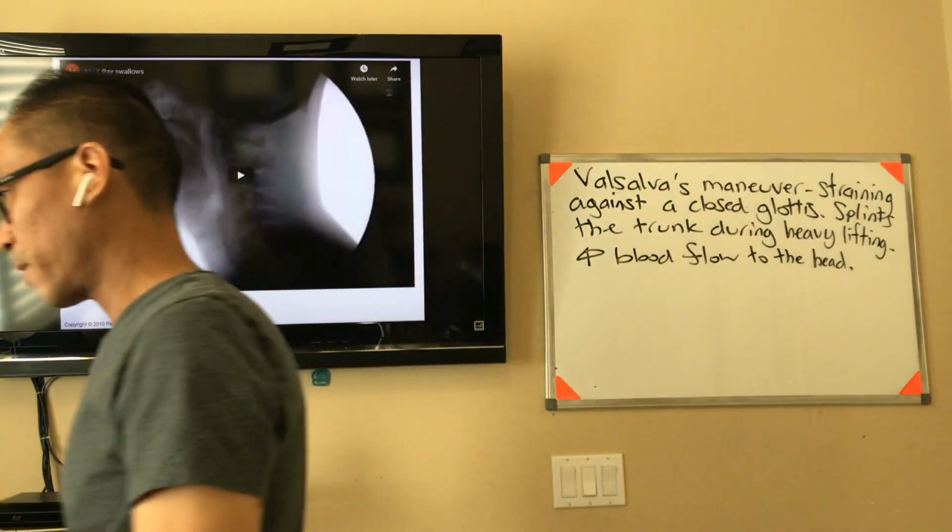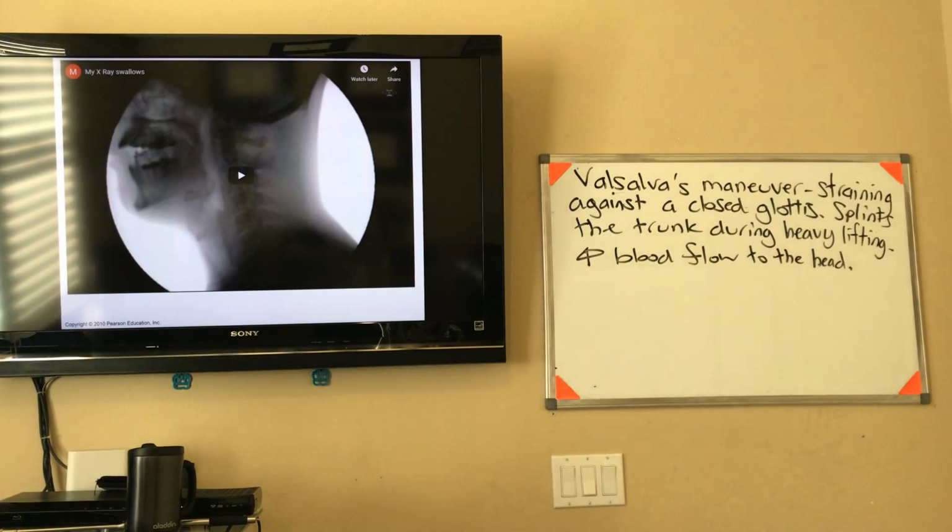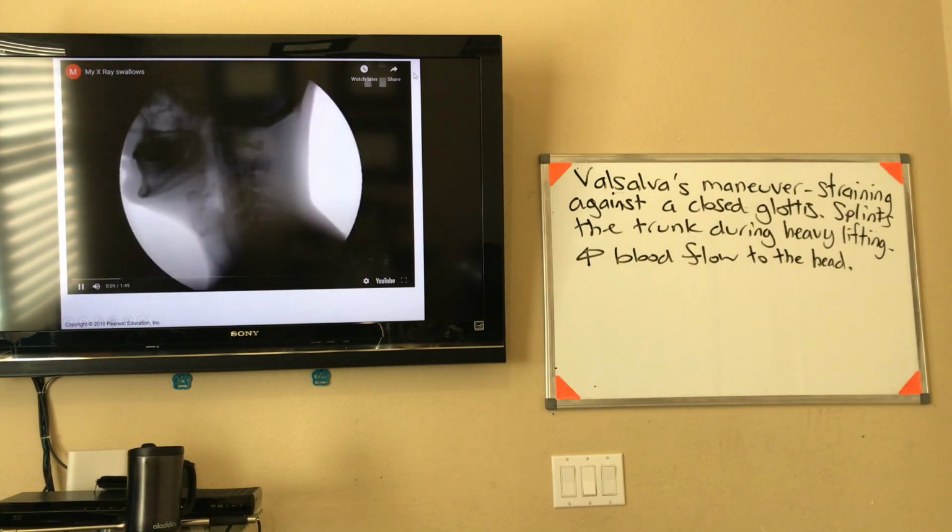So since we're talking about pharynx, glottis, all that, I thought this is a barium swallow, and it's good for you to watch to see some of the anatomy that we've been talking about.